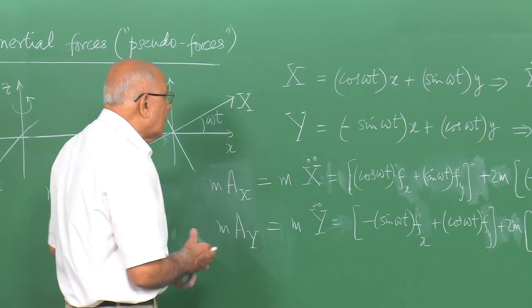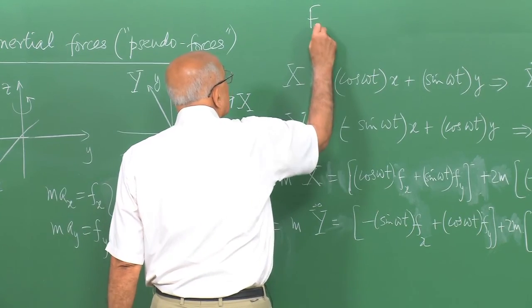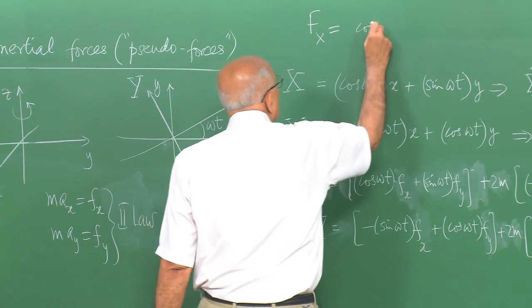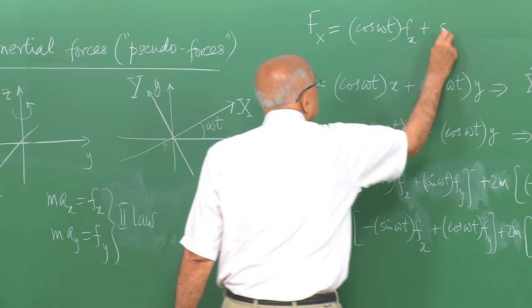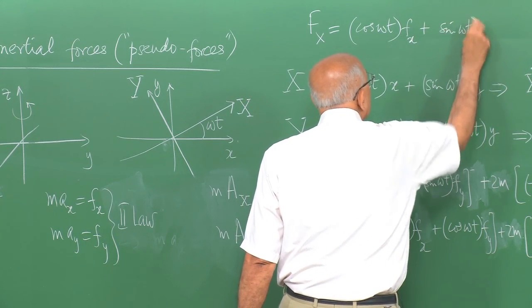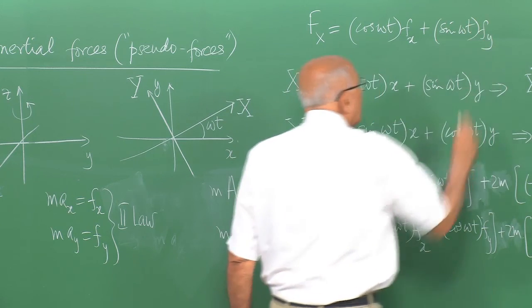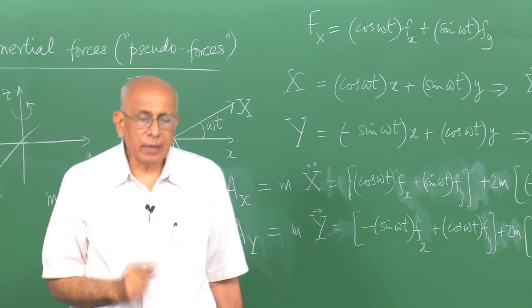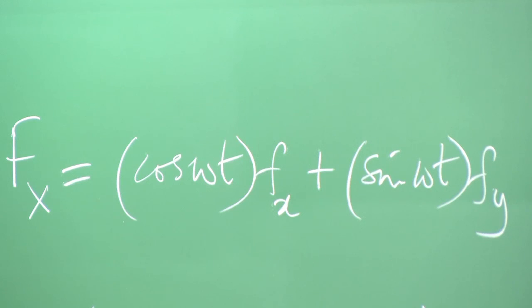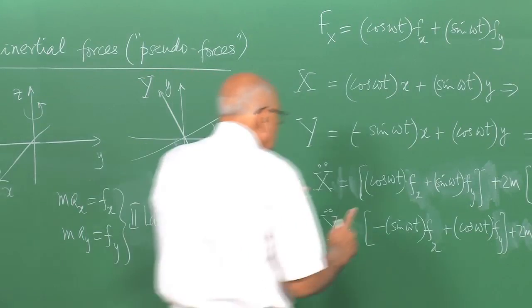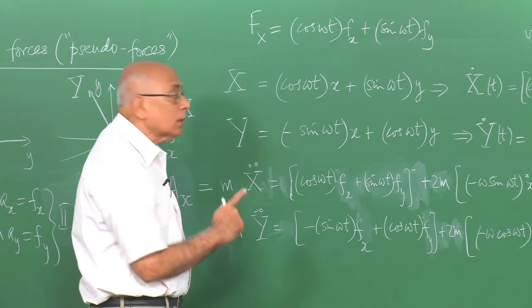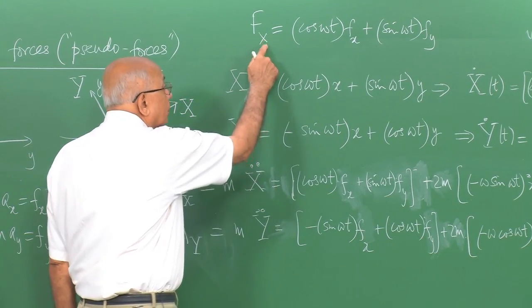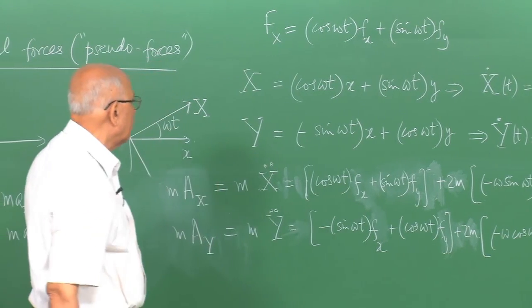So it is immediately clear that f subscript x must be equal to cos omega t f x plus sine omega t f y, by the very meaning of the statement that the force is a vector. So this combination here by its very definition is the new x component of the force, and let us use a capital F for that.